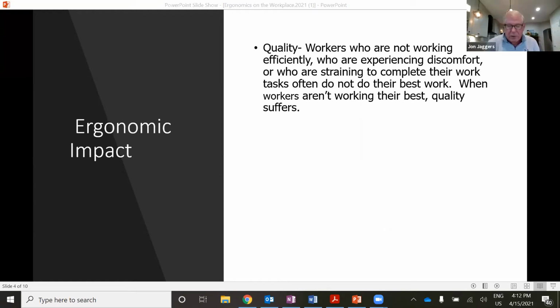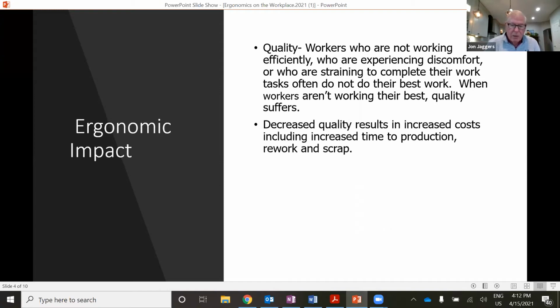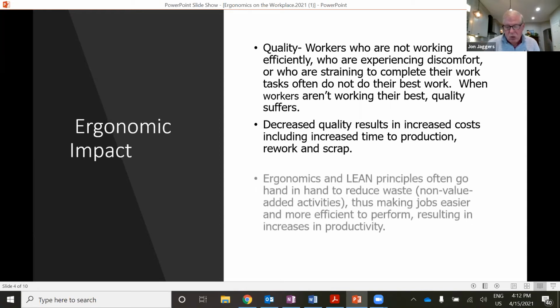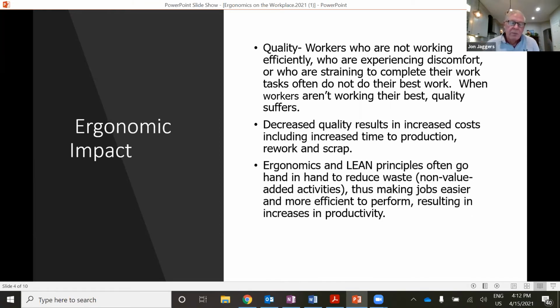So decreased quality results, obviously, in increased costs and time in production, rework, and scrap. All those are a quality impact. As you're going to see as I go through this towards the end, ergonomics and lean principles really go hand in hand from a standpoint of wasted movement, wasted time, wasted energy.